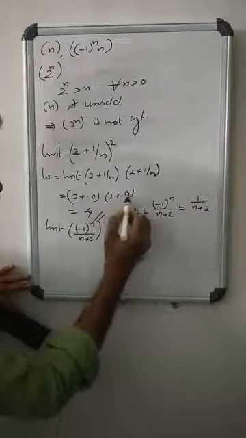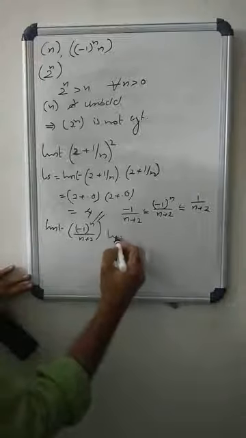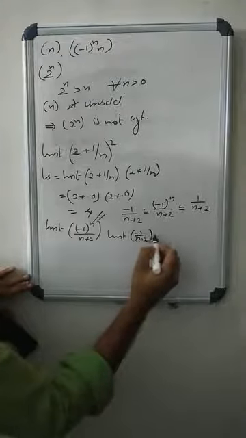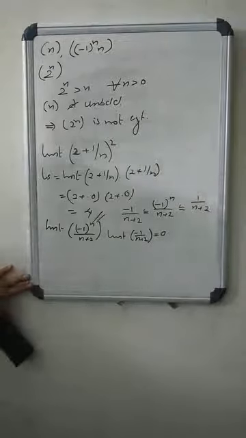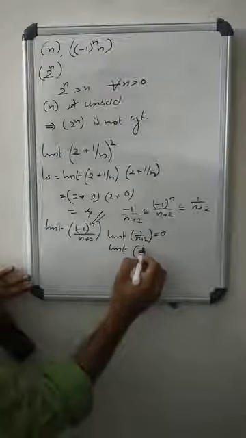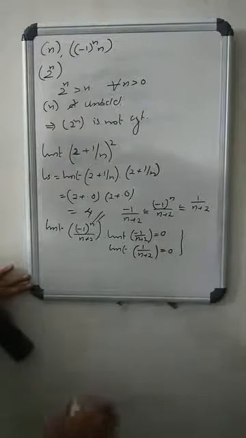Now, the limit of -1/(n + 2) is 0, and the limit of 1/(n + 2) is also 0. So, these two are zeros.